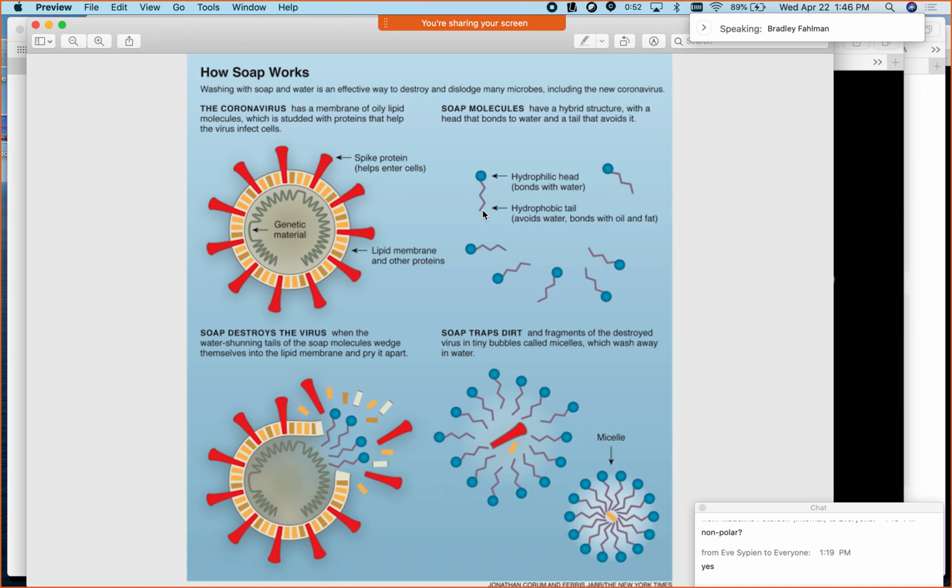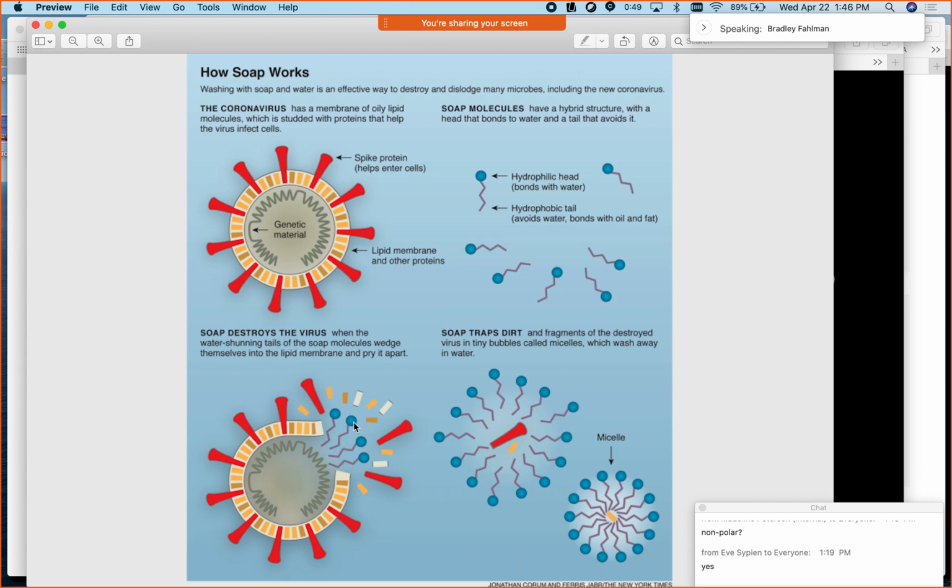This is why they tell you to wash your hands, sing happy birthday two times or something like that. Take your time and make sure you lather up the soap lots on your hands. That's giving it time for the hydrophobic, nonpolar tail to interrupt the structure of this oily surface that coronavirus has. And so these chains break it apart.